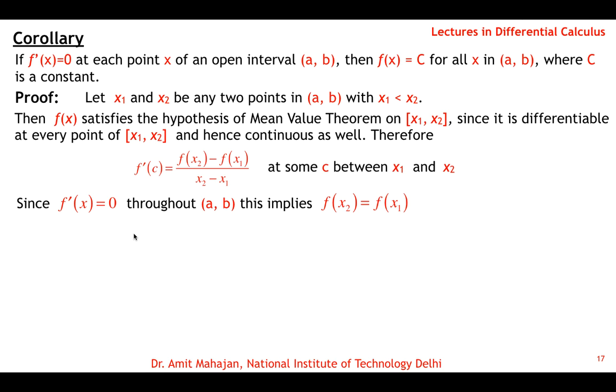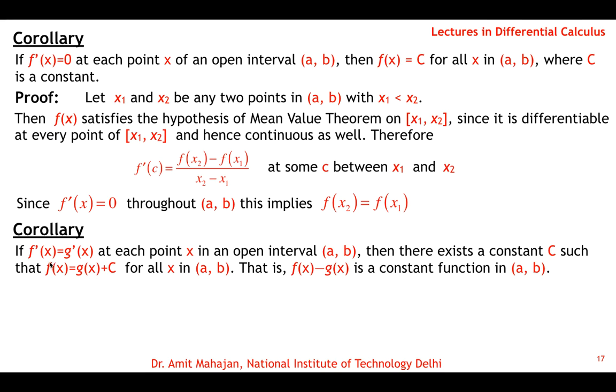The second corollary is that if the derivative of function f equals the derivative of function g at each point x in an open interval AB, then there exists a constant c such that fx must be equal to gx plus constant for all x in the open interval AB.